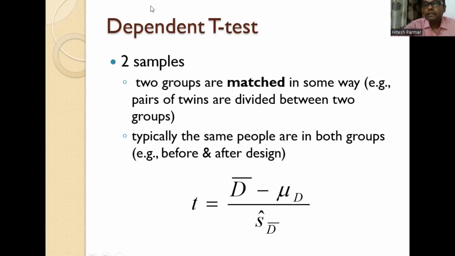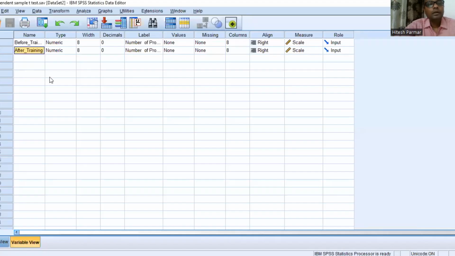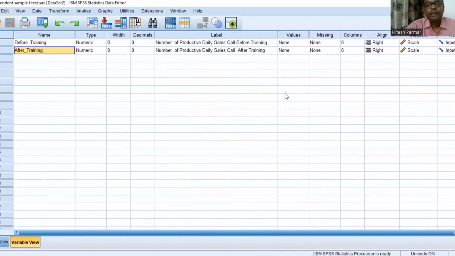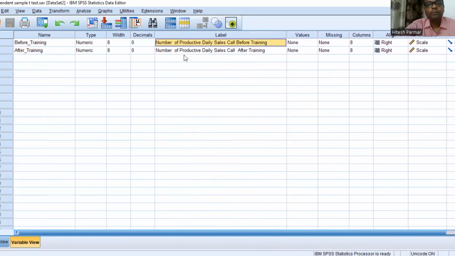Now let us do it with SPSS. Let me share the screen for the SPSS dependent sample t-test. Now what are the data? Data are available before training and after training, for the number of productive daily sales calls before and after the training.